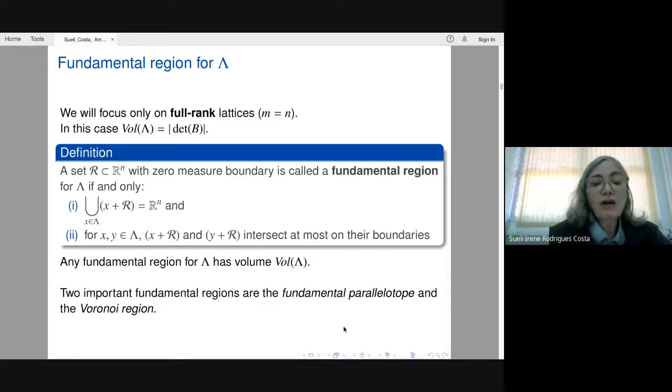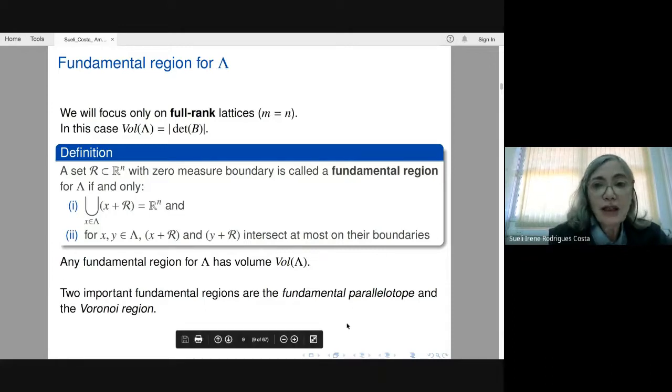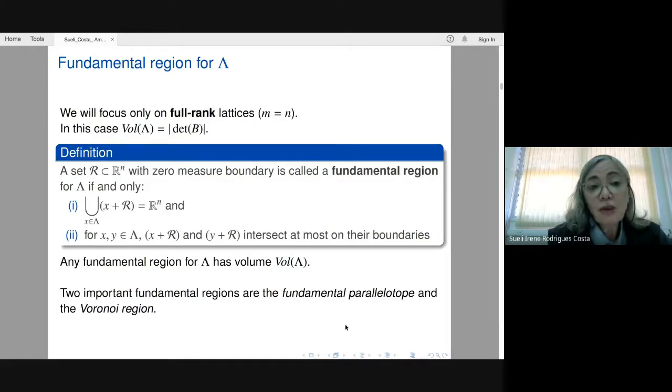Another concept which is important in applications is the concept of fundamental region. A fundamental region is a region of Rn that tiles Rn by translations of the lattice.